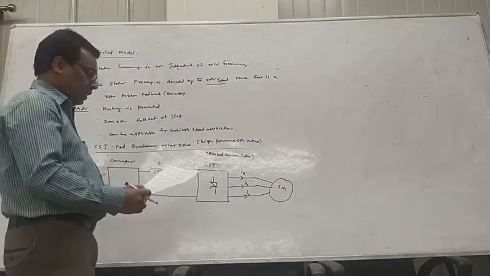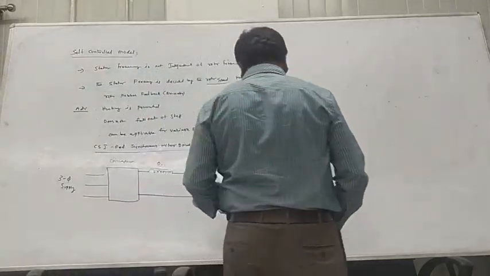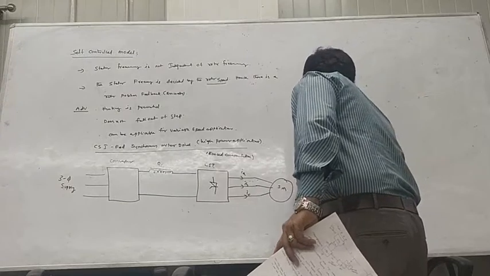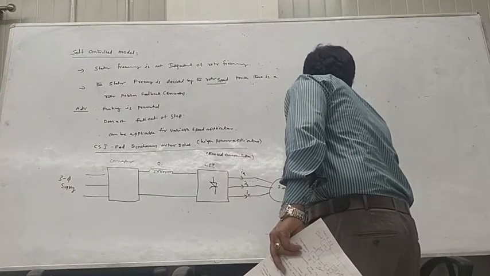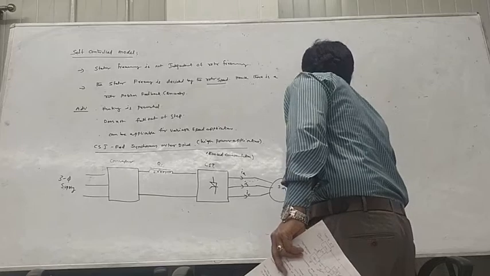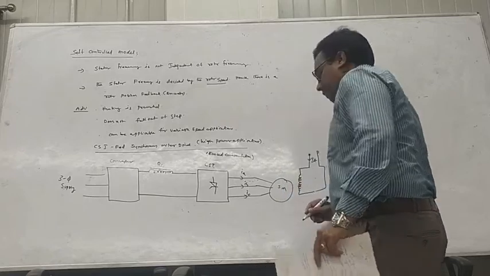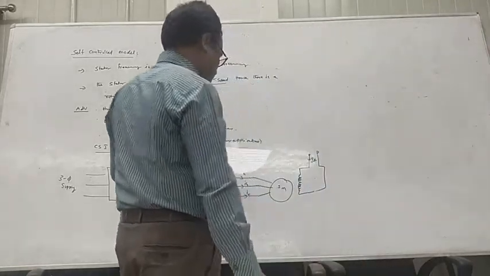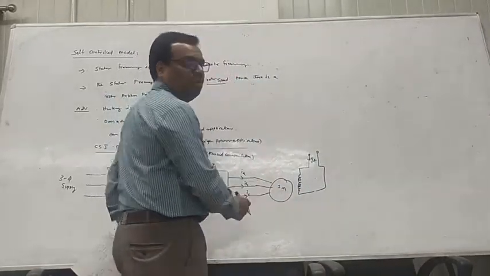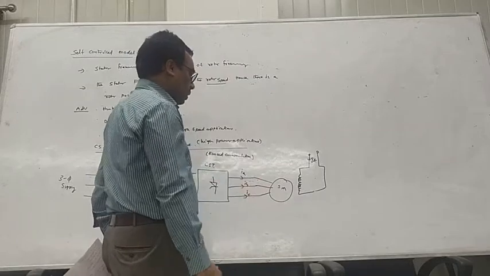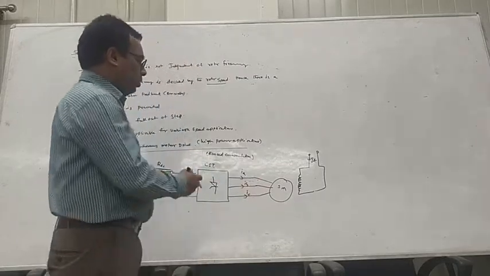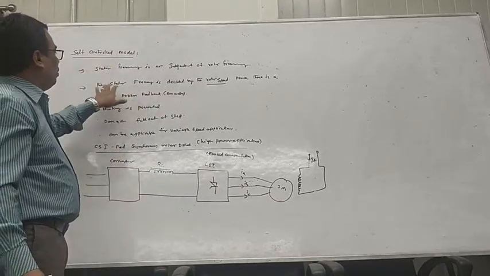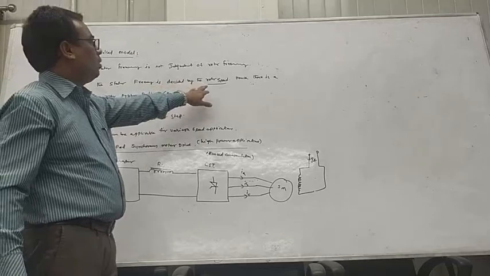This is a wound-field synchronous motor, excited by a separate field excitation, and the field current is IF. In the self-controlled mode, the stator frequency is decided by the rotor speed.